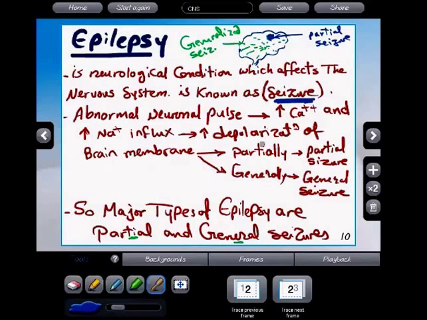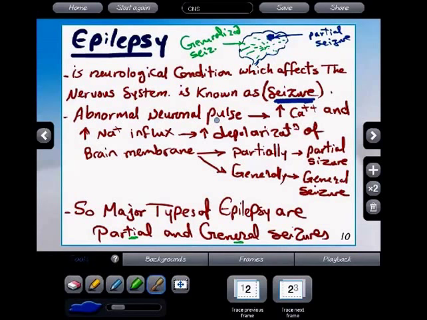Partial and generalized, what is the difference? If the depolarization occurs in a very small part of the brain, leading to ectopic foci of impulse, at this moment this leads to partial seizures or partial epilepsy.